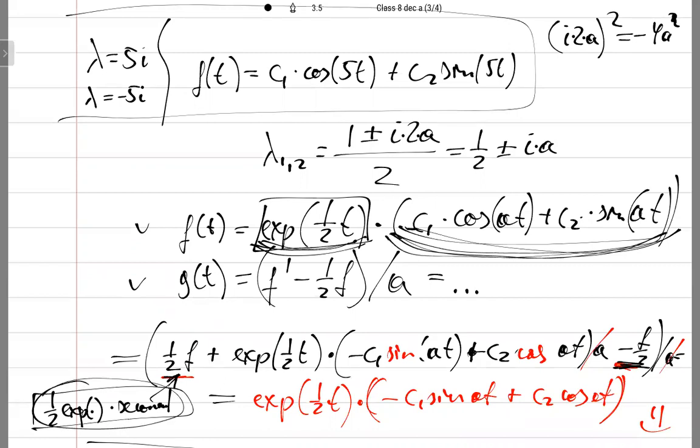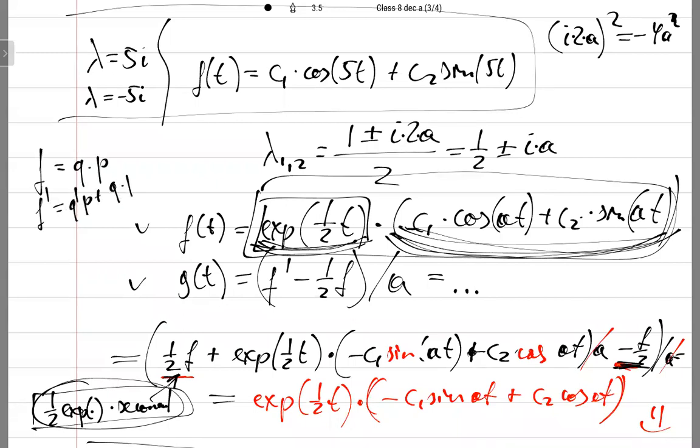And the second term. So f is x. No, f is all these two terms. Ah, I see. Now I see. You just shortened the writing. Okay, thank you. Now I understand. Because if f is, I don't know, q times p, then f prime is q prime times p plus q times p prime.